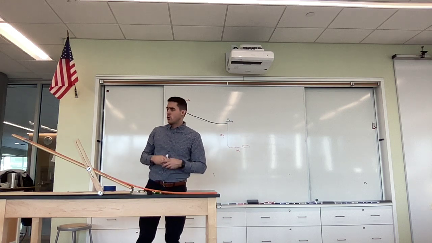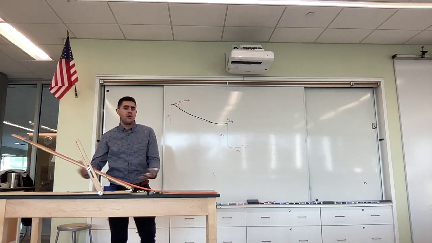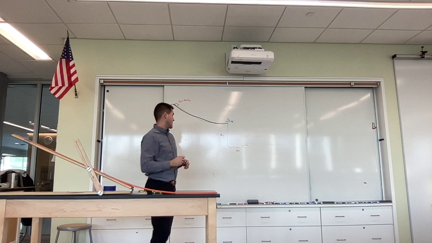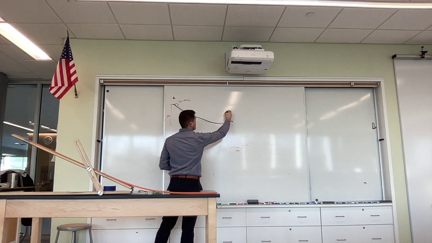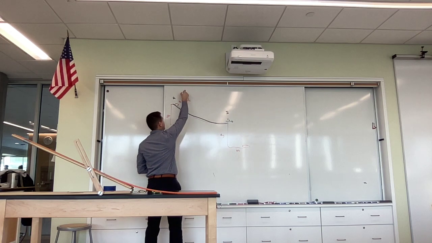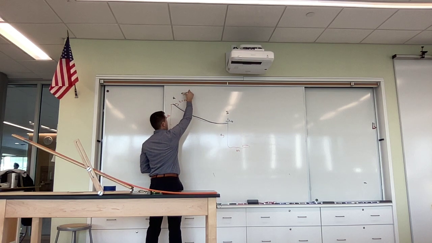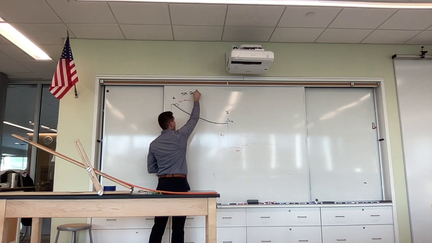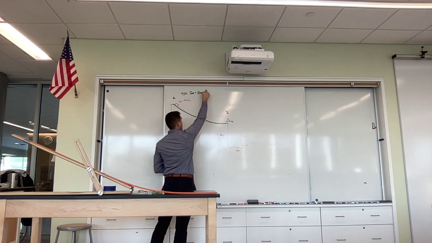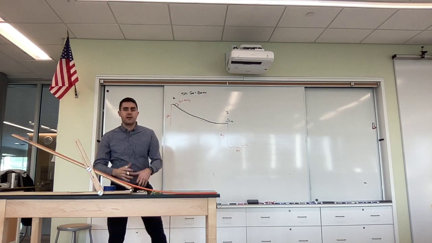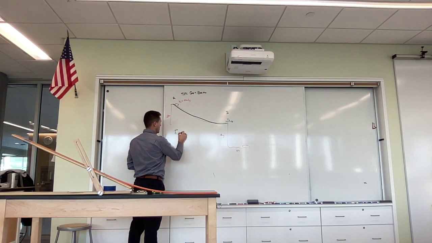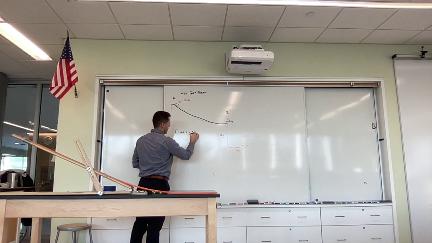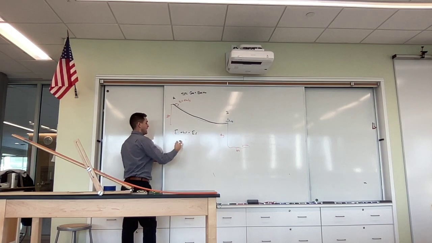An energy problem where my system includes the car and the earth, so I can use UG as a part of my system. So if I think about this point over here as point A, and this point over here as point B, and I think about my system being the car and the earth, well, I can go ahead and write myself a conservation of energy expression, where my initial energy plus any outside forces, known as work, will be final energy.